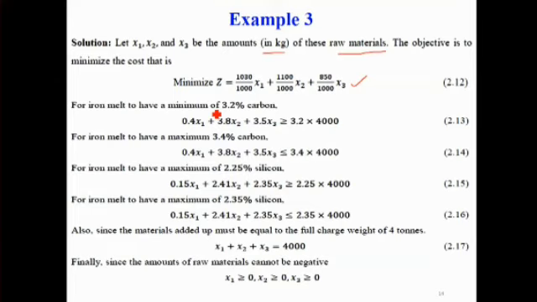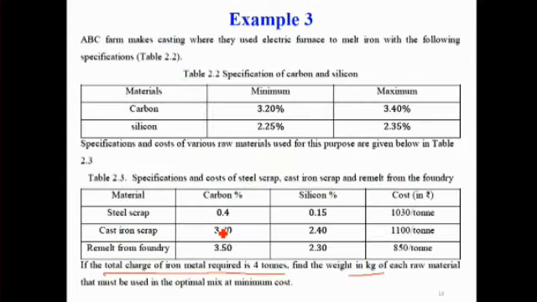How will we write it? Here it is 0.4% carbon for material 1, 3.8% carbon for material 2, and 3.5% carbon for material 3. But again carbon is divided into minimum and maximum. The minimum percentage of carbon in the mix should be 3.2.